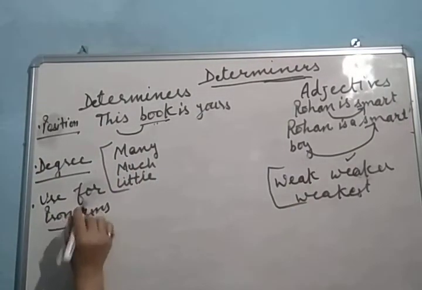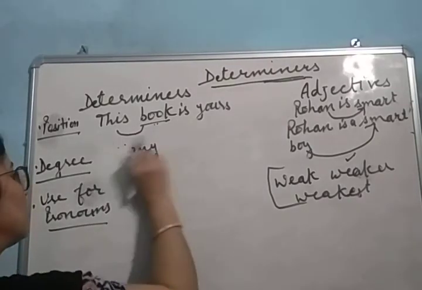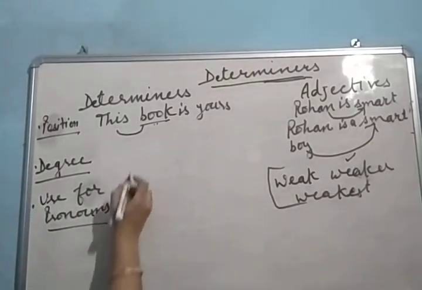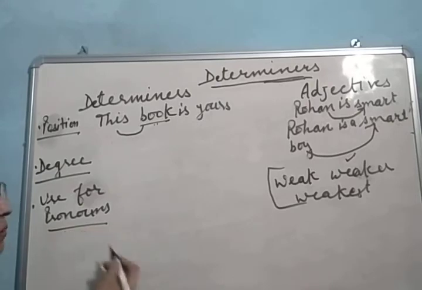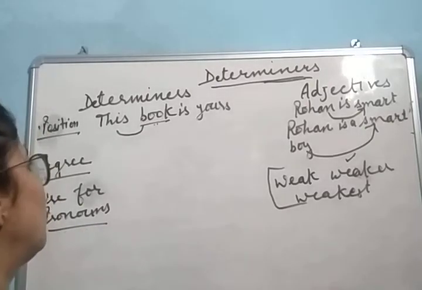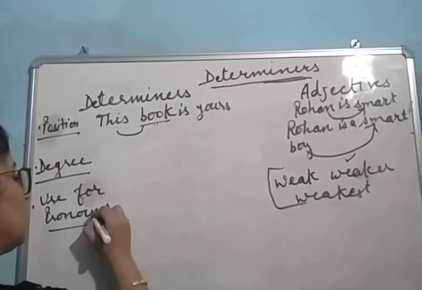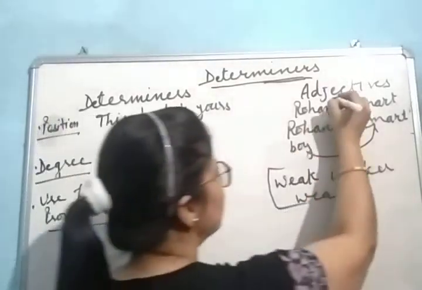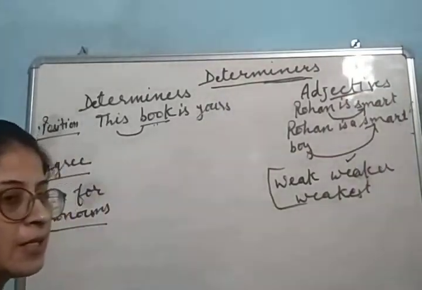And the next difference is regarding use. Determiners don't qualify or introduce pronouns, whereas adjectives specify nouns as well as pronouns.